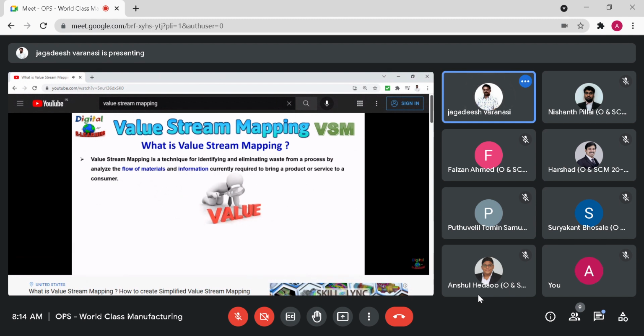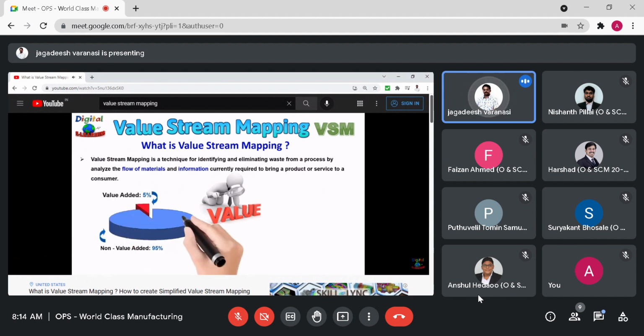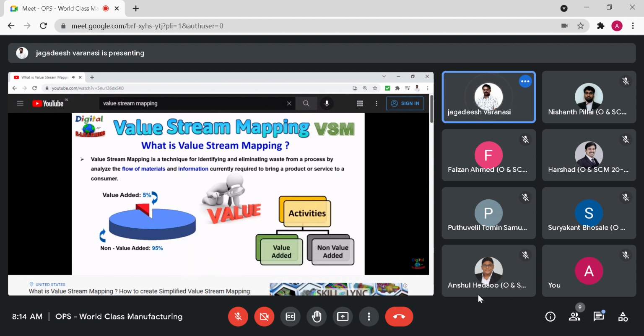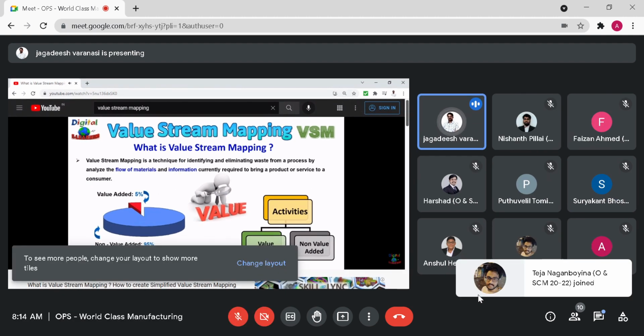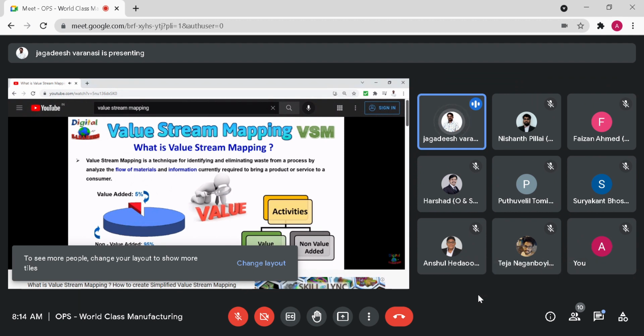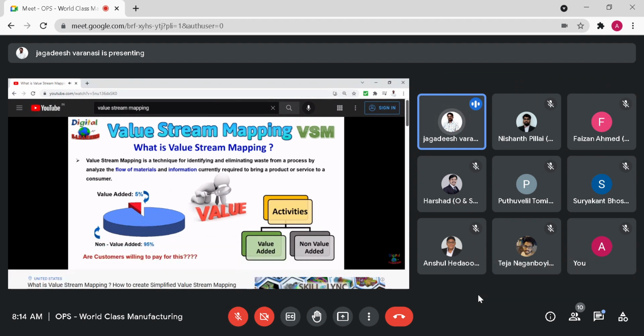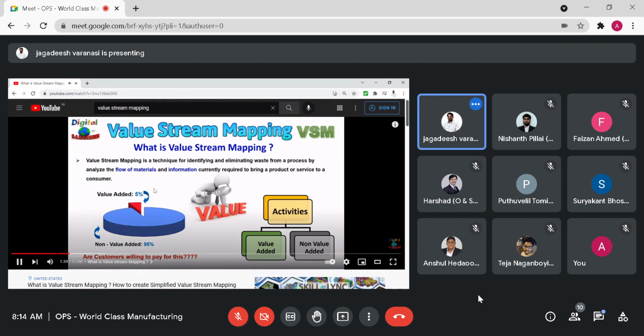If you are not adding any value, you are just adding cost or waste. According to the activities, 95% of the activities that we do are non-value added activities, and just 5% of them are value added activities. So is your customer going to pay for those non-value added activities, that is 95%?